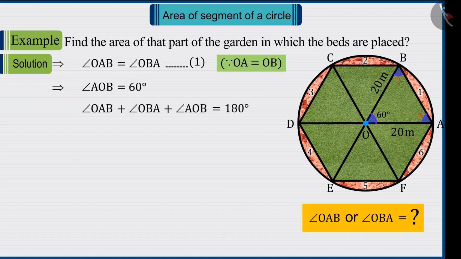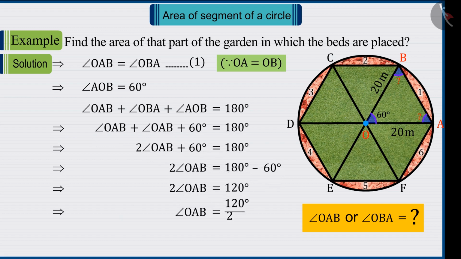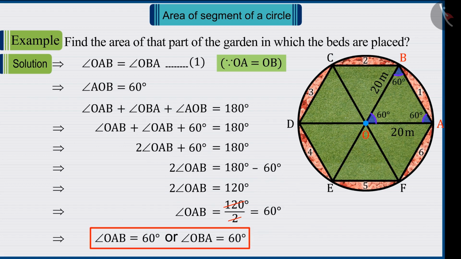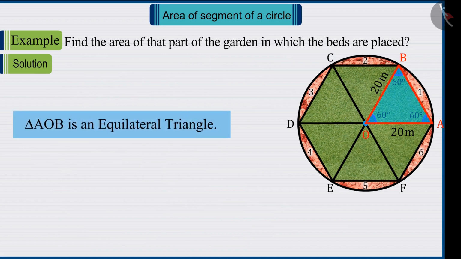Absolutely correct, since we know that the sum of all angles of a triangle is 180 degrees, the value of angle OAB or OBA will be 60 degrees. So, we can say that triangle AOB is an equilateral triangle with all sides equal.